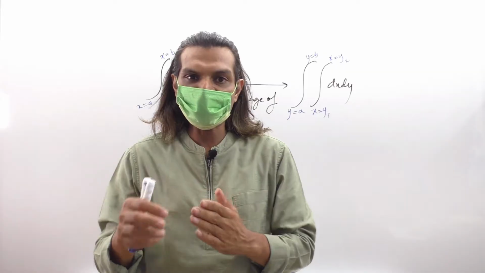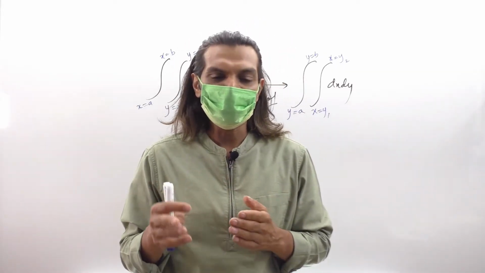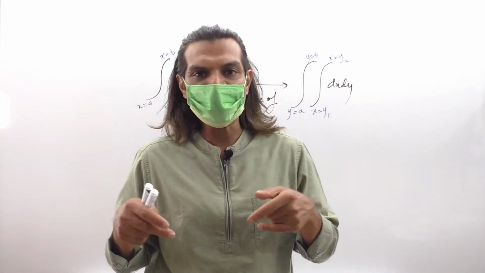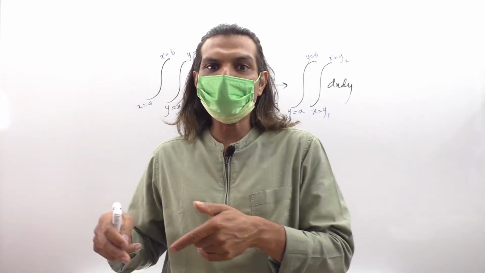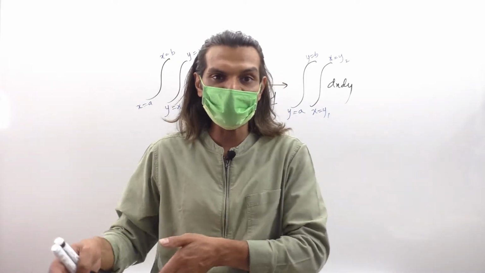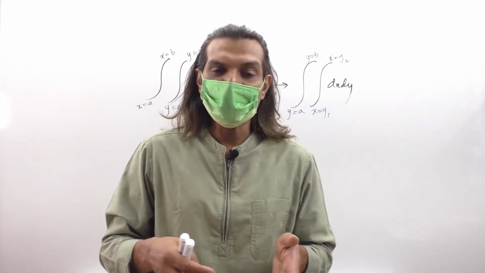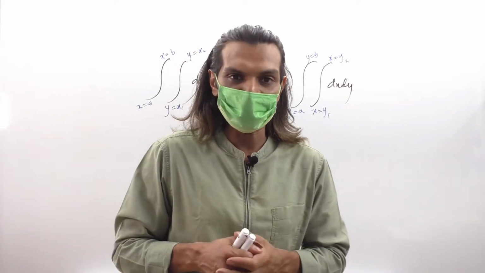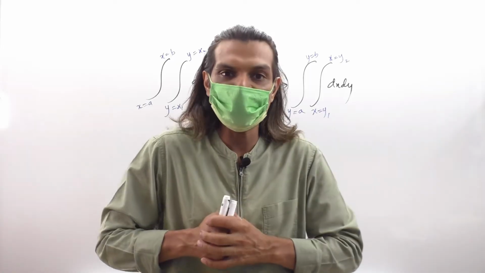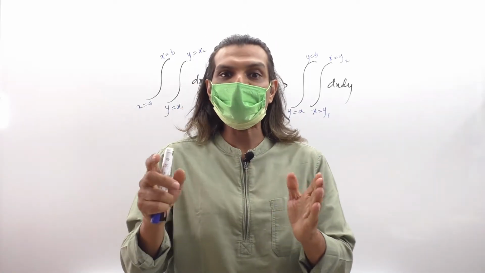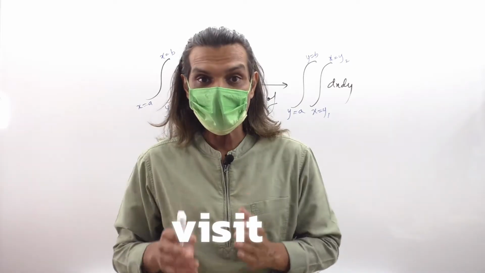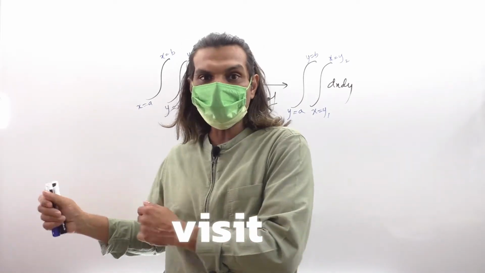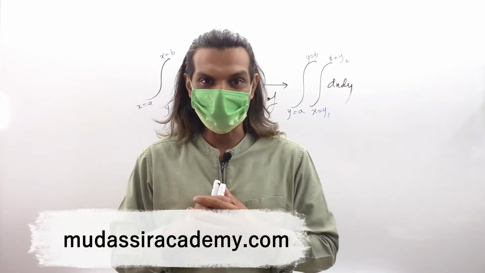So it's my request, if you have not referred to the previous video, please find it in the playlist, that is evaluation of double integral under specified regions. Check the video. I have mentioned very important formulas of integration there, and most importantly, I have drawn graphs. See the graphs, understand them, and then come back to this video. It will be very helpful for you.